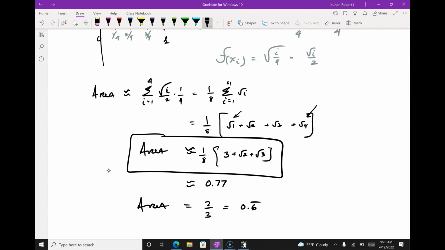So pretty good. With only 4 rectangles, it's only off by 11 cents, right? It's not horrible. Nice.